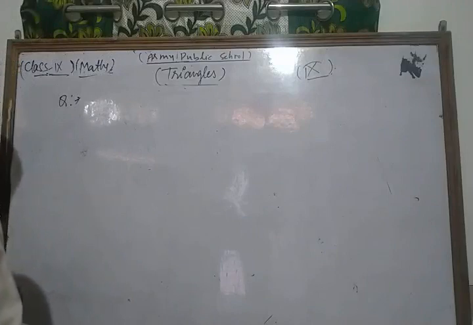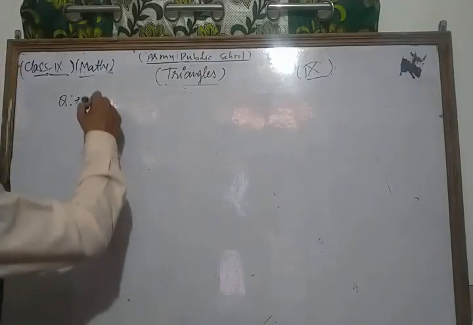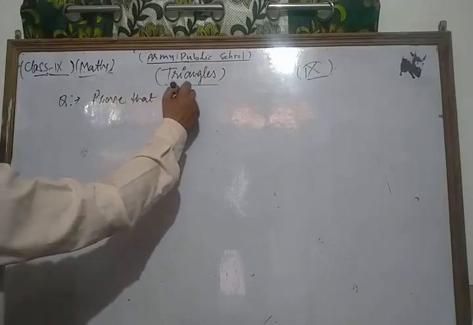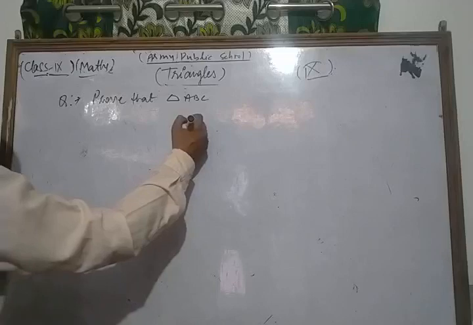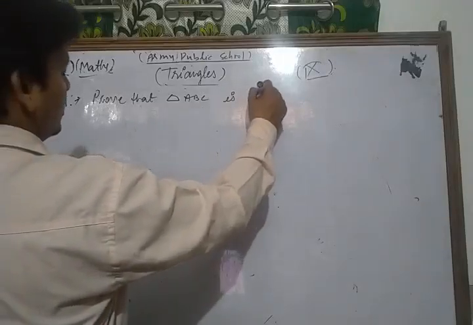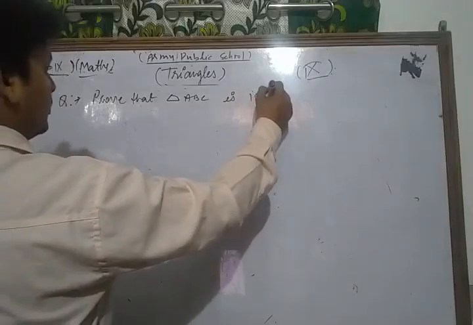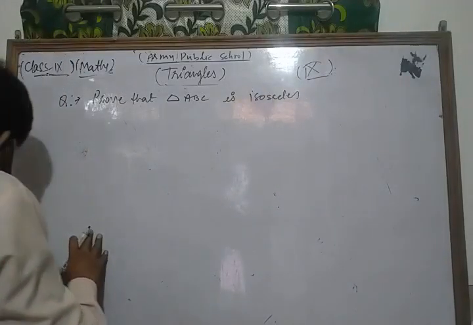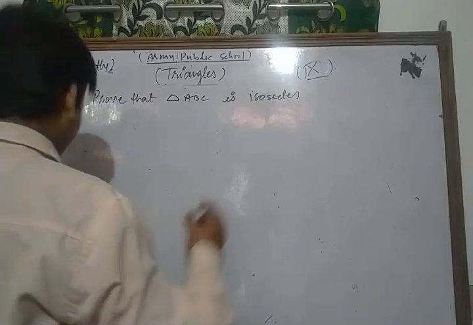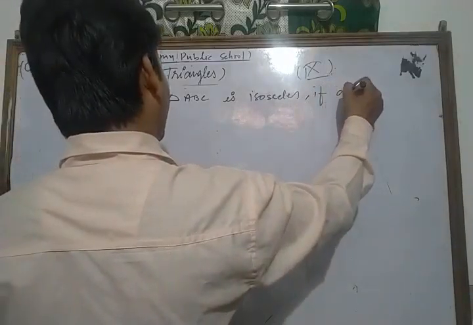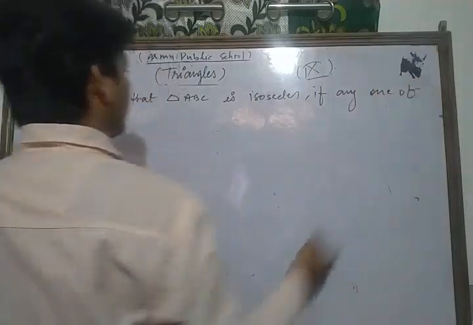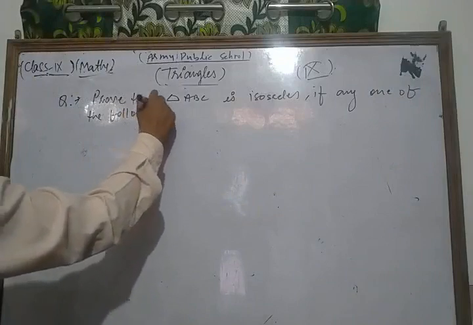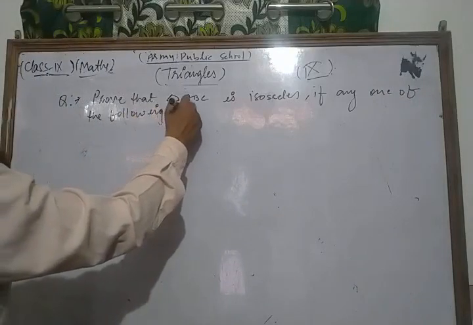Your question is, prove that triangle ABC is isosceles if any one of the following holds.